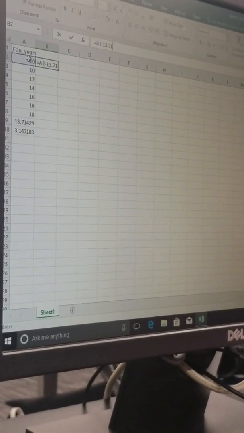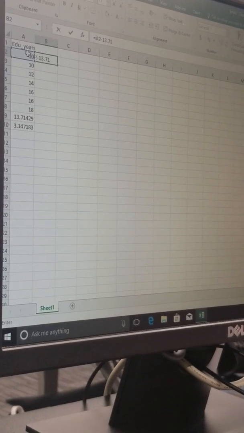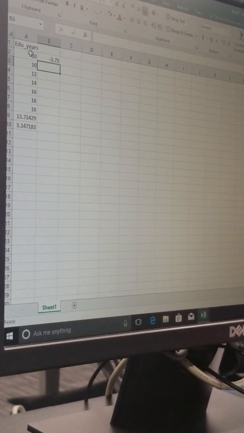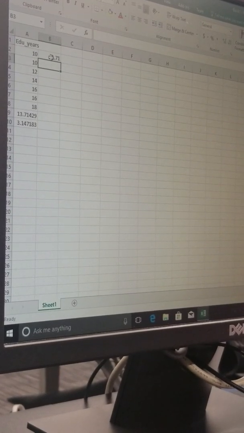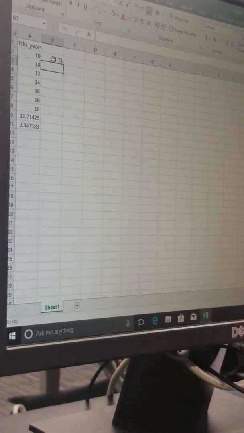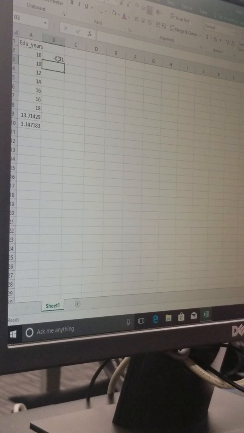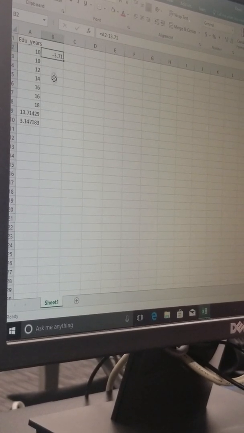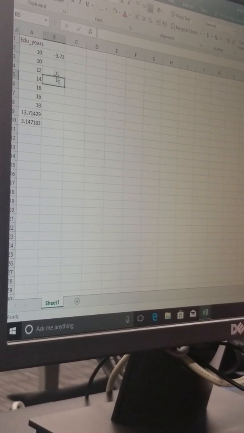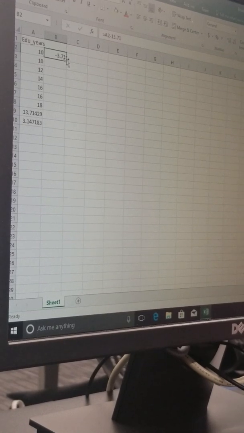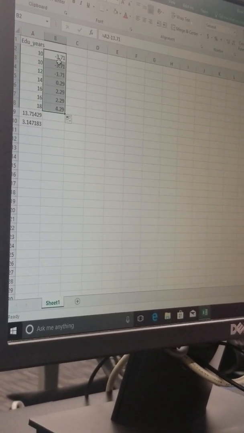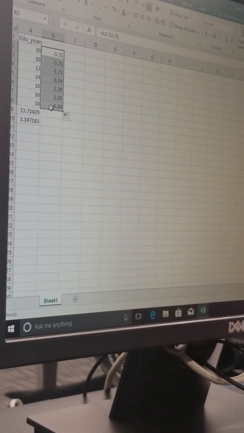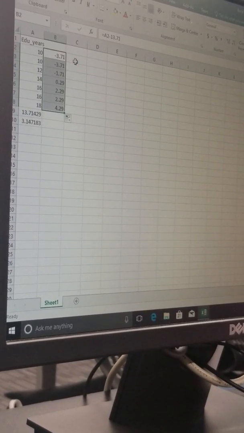Click enter. By subtracting the mean, we got a negative 3.71. If we want to copy that formula all the way down, once we click on this, we come to this green square, drag it down, and it does that formula for all those cells. So that's our first step.